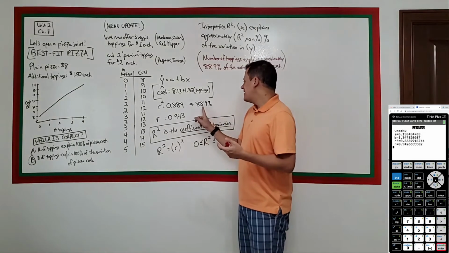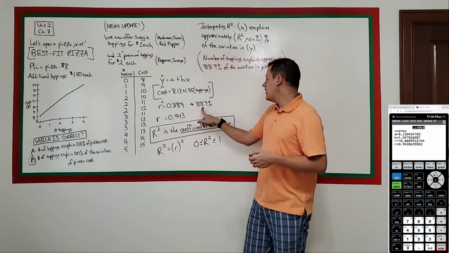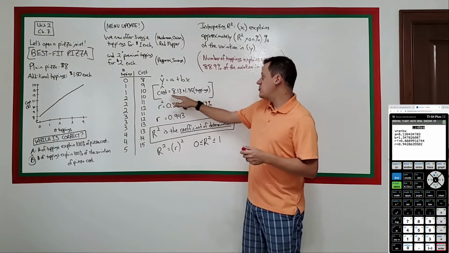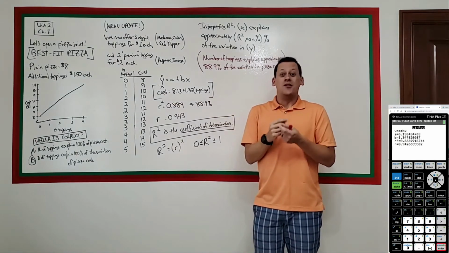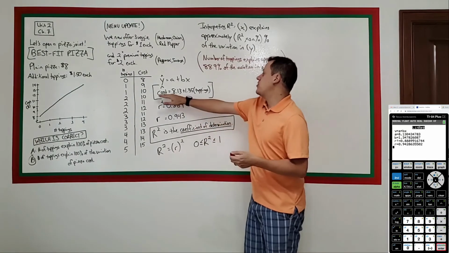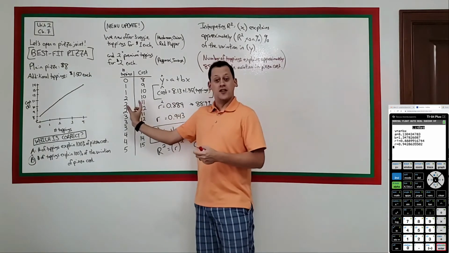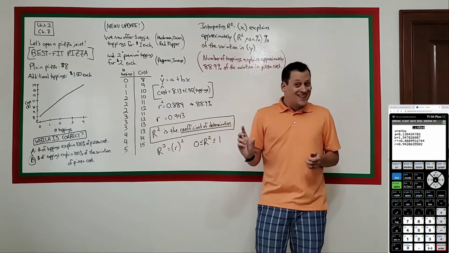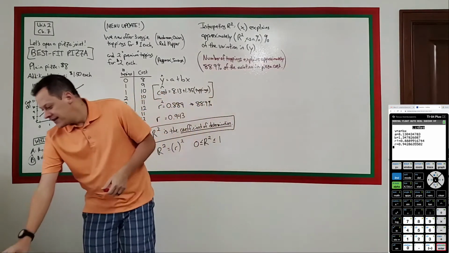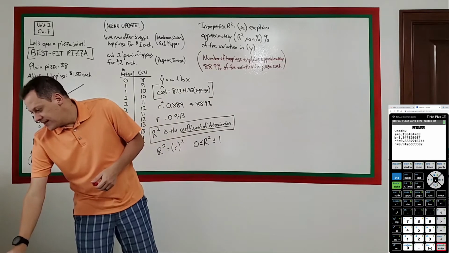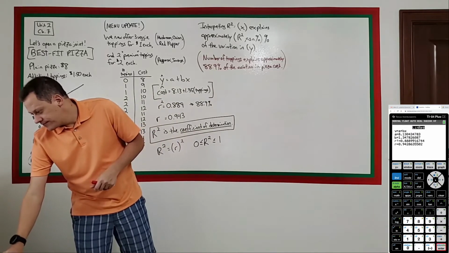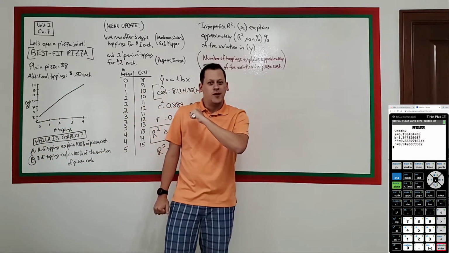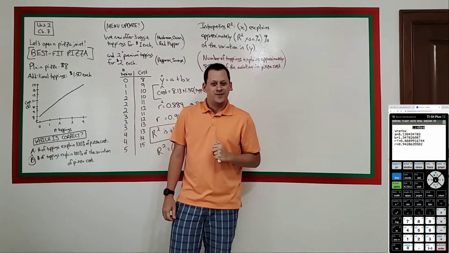You'll actually find, since this is a relatively high r squared, if you tried predicting toppings from cost using this, the values you would get would be pretty similar, whether you did it using this formula or whether you did the linear regression with the variables reversed. But that's a bad idea. Don't ever do that. Please don't ever do that. You'd have to run the regression again with the variables backwards. Okay, so let me get an example up here and we'll work through it.